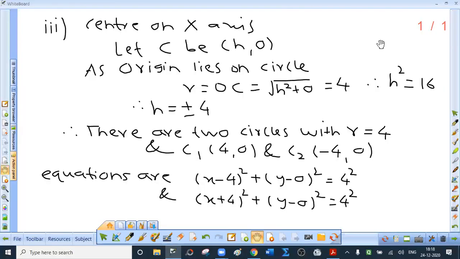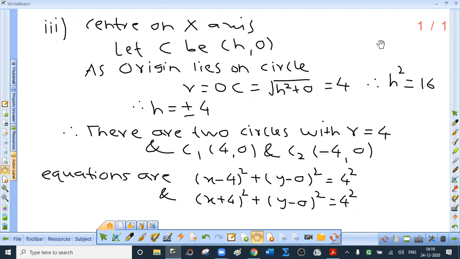Third sum: the center is on the x-axis and the circle passes through the origin. What is the radius of the circle? It is 4. Now the center lies on the x-axis, so what is the y-coordinate of the center? 0. So I take the center as (h, 0). Now the origin lies on the circle. Every point on the circle is at a distance radius from the center. So what is the radius r?